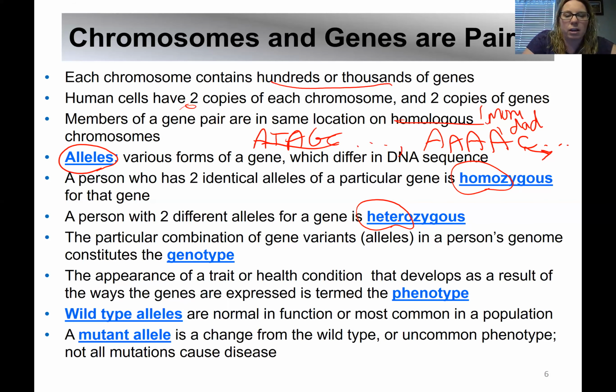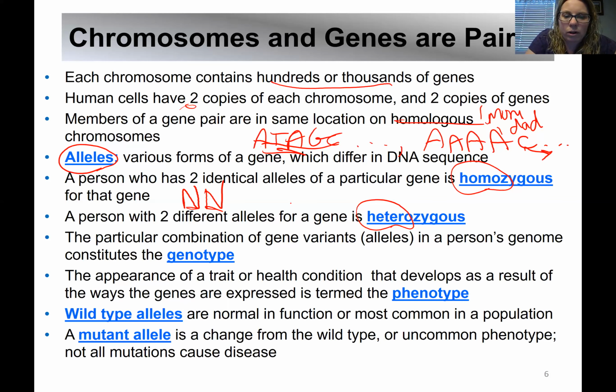Should have looked that up. We'll pretend it's recessive. Okay, so say a person is, we're going to represent their DNA sequences by letters. Say a person has two normal hairline, straighter hairline alleles. Okay, they would be homozygous.